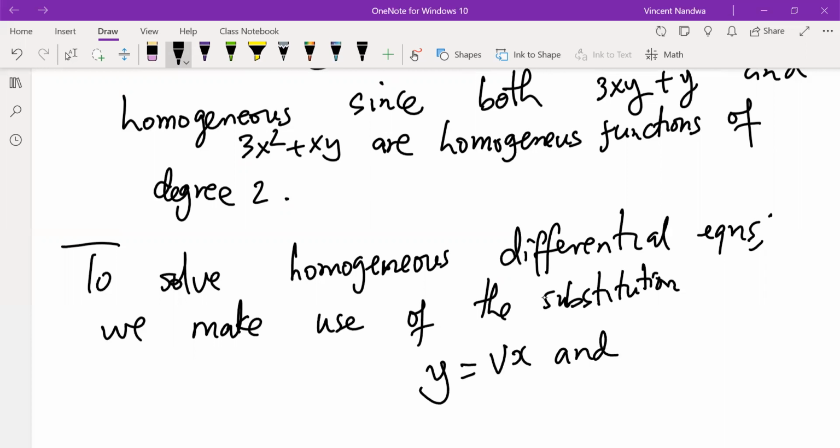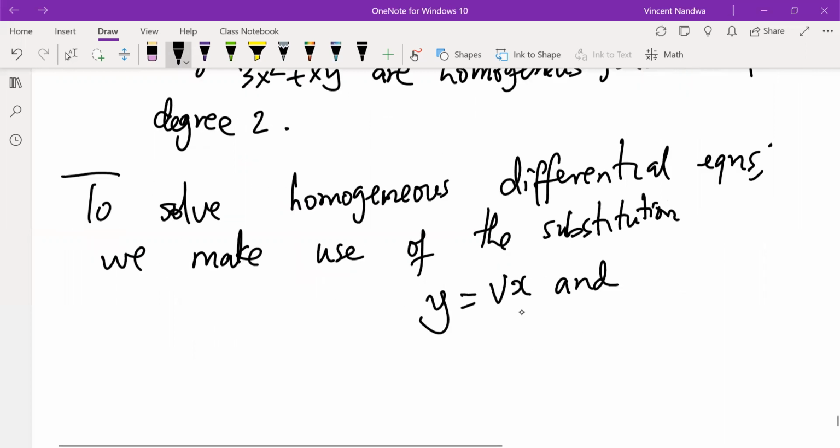And now when you differentiate this equation, you get dy dx equals v plus x dv dx.